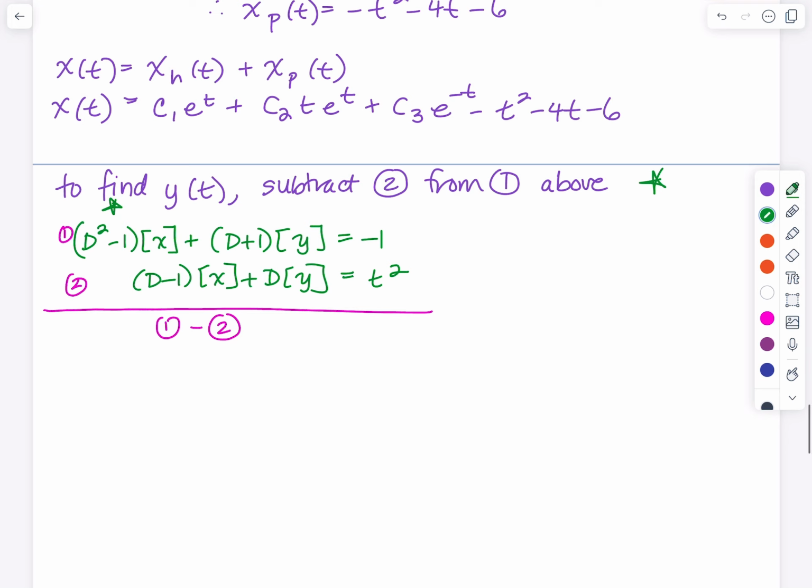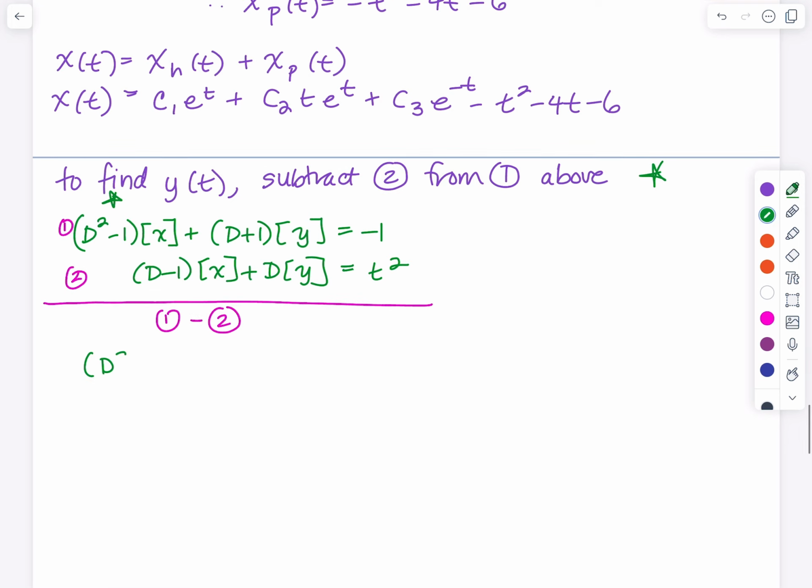What we have left is d squared minus d of x. You can see that these ones will cancel, negative ones will cancel, plus y, and you can see that these d's will cancel. We'll just be left with our y is equal to negative 1 minus, since we're subtracting, t squared.